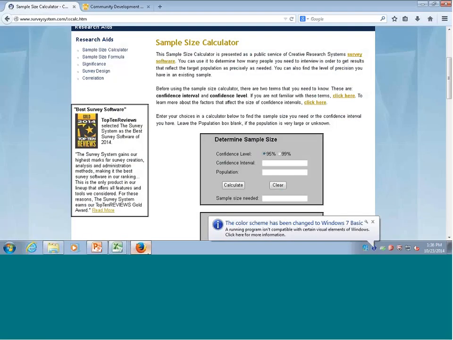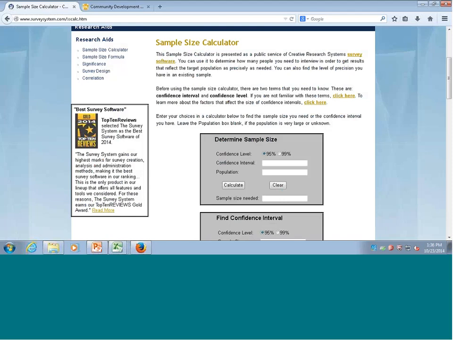John, do you want to bring up the calculator? For our example, first off, confidence level is 95%. Confidence interval is 5. And in this instance, let's say we have a sewer system that has 400 users, so our population would be 400. Then all you do is hit calculate, and that's your sample size.